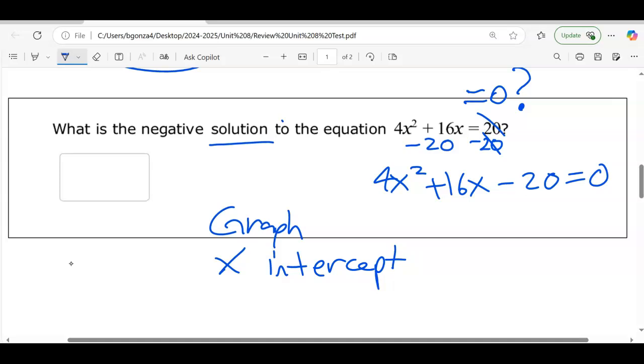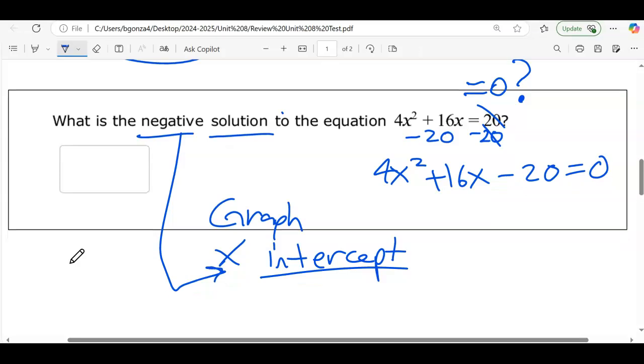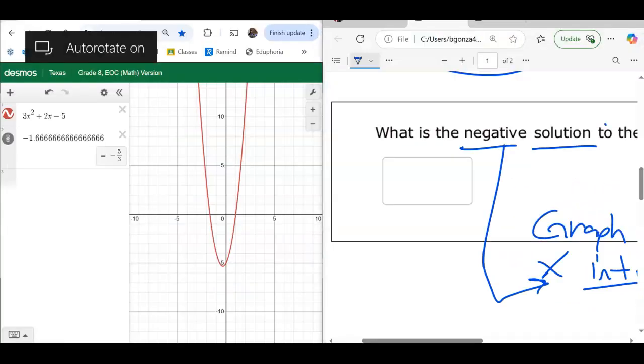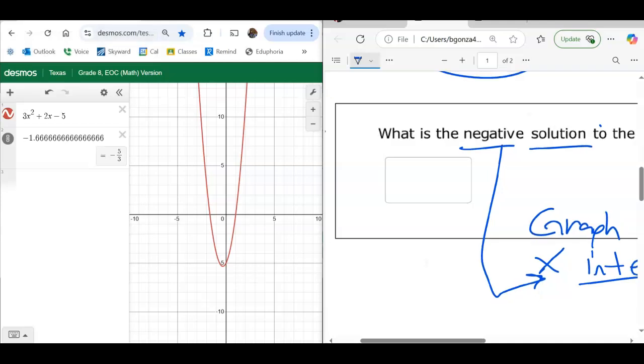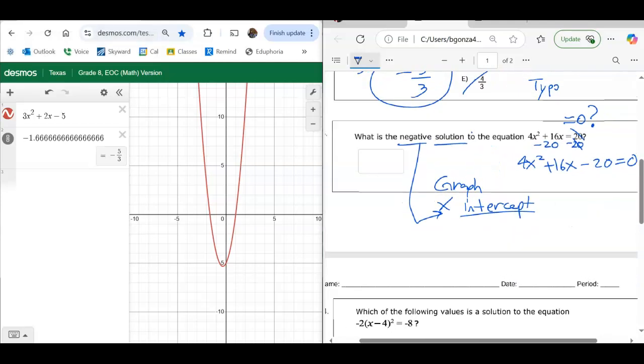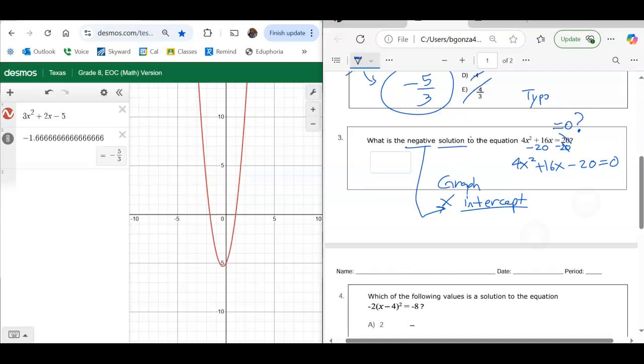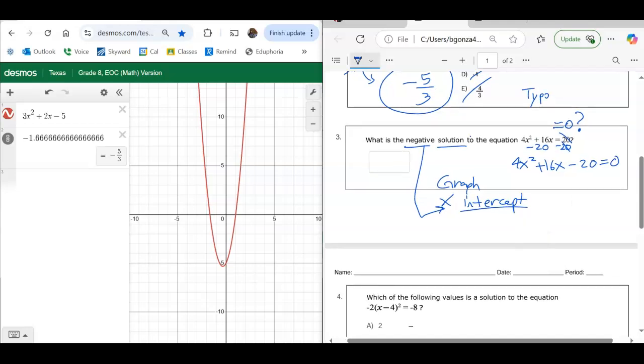And x-intercept, that is what? Cool. So let's do that. Drag this over here. Okie dokie. And then let's go and type this in.